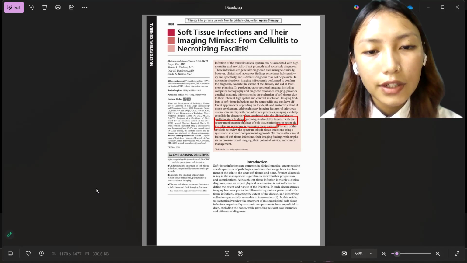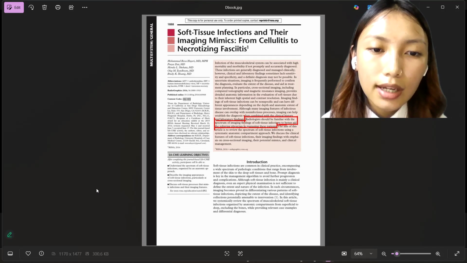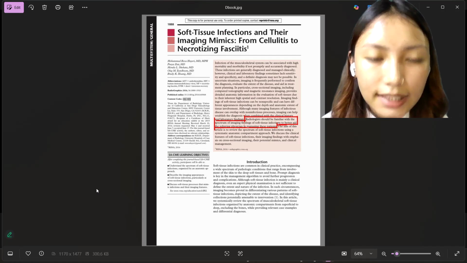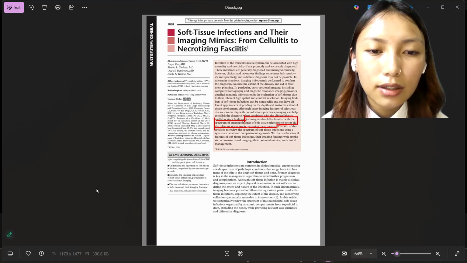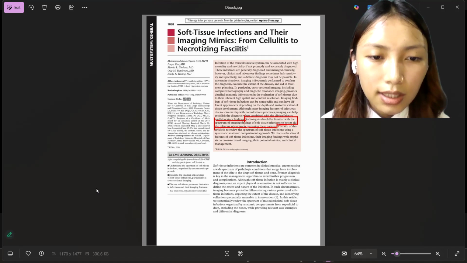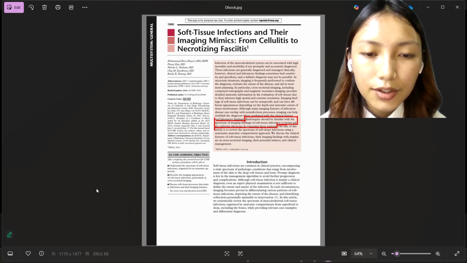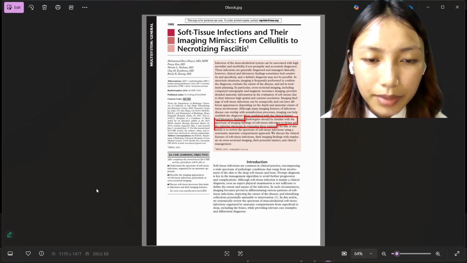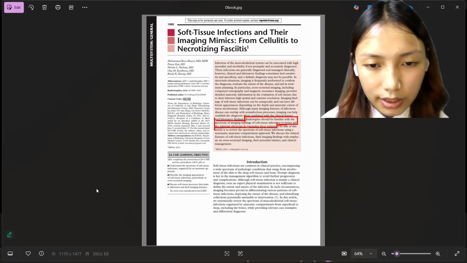By recognizing the various imaging features, such as swelling, abscess formation, gas within tissues, or bone involvement, radiologists can accurately diagnose the type and extent of the infection, differentiate it from other conditions that may look similar, like tumors and inflammations, and guide the referring physician in planning the best treatment, whether it involves antibiotics, drainage, or surgery.